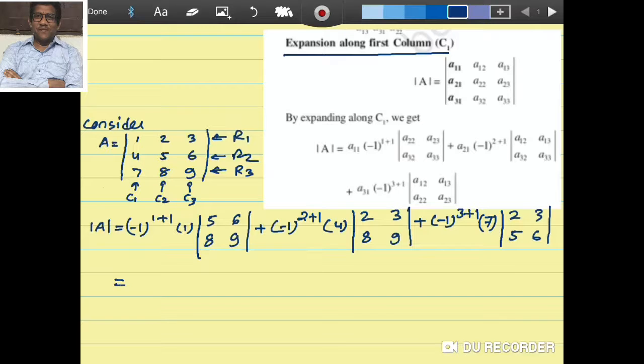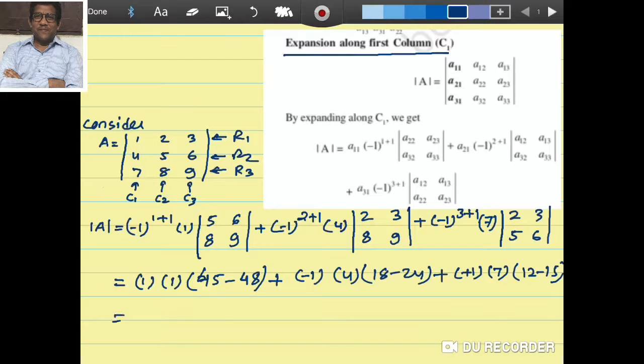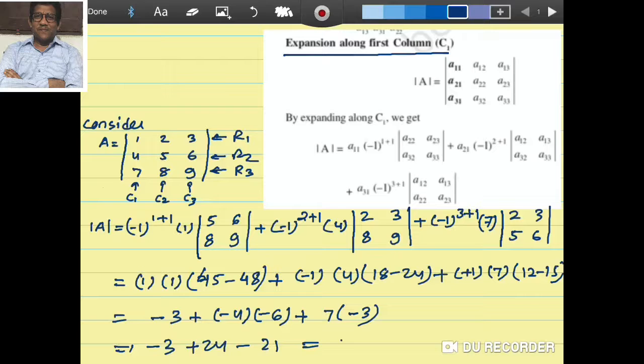We get minus 3, minus 4 into minus 6, 3, minus 3 plus 24 minus 21, which is equal to 24 minus 24, which is equal to 0.